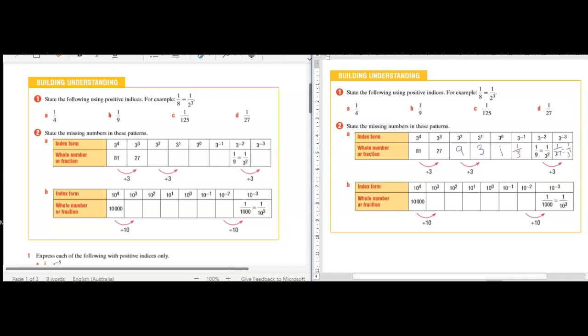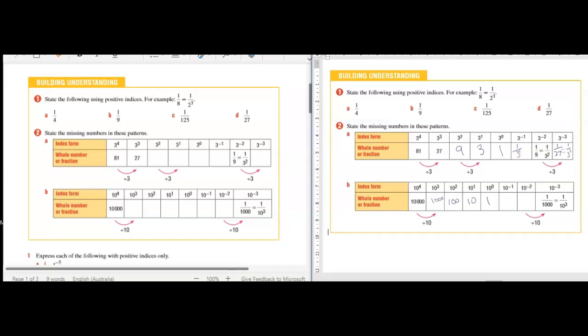So here we've got 10,000, which is the number 1 followed by 4 zeros. 10 to the power of 3 is 1 followed by 3 zeros, so 1,000. 10 squared is 100. 10 to the power of 1 is 10. 10 to the power of 0 is 1. So again, the powers tell us how many zeros we have.